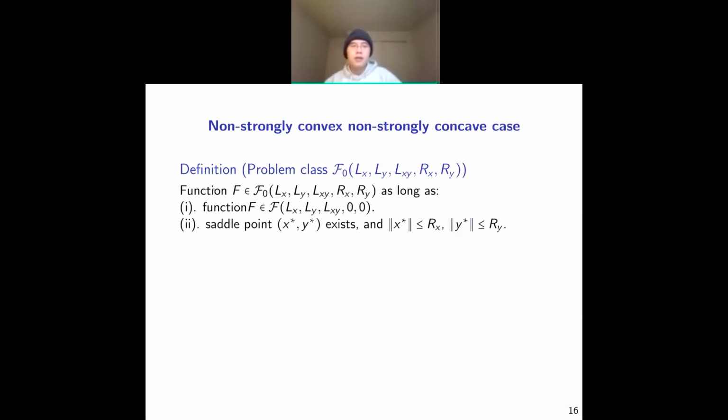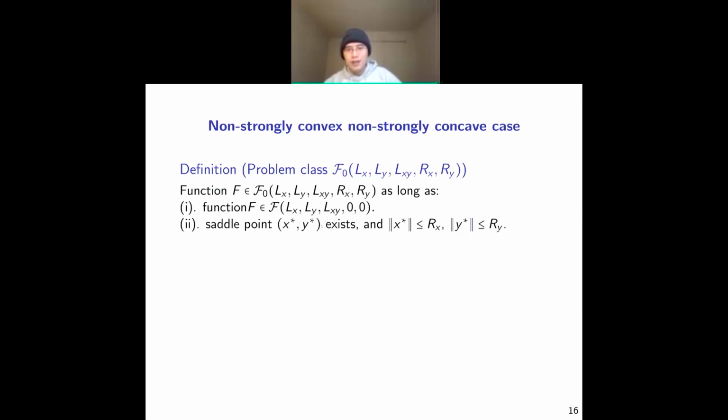So we say a function belongs to this class if and only if it belongs to the previous class with mu x and mu y equal to 0. And also, because this time it is not strongly convex, strongly concave, in general, the saddle point does not necessarily exist. For example, min x max y, x plus y.